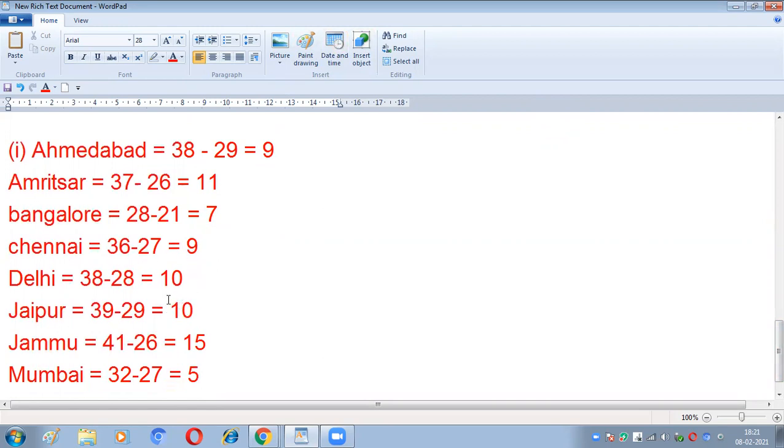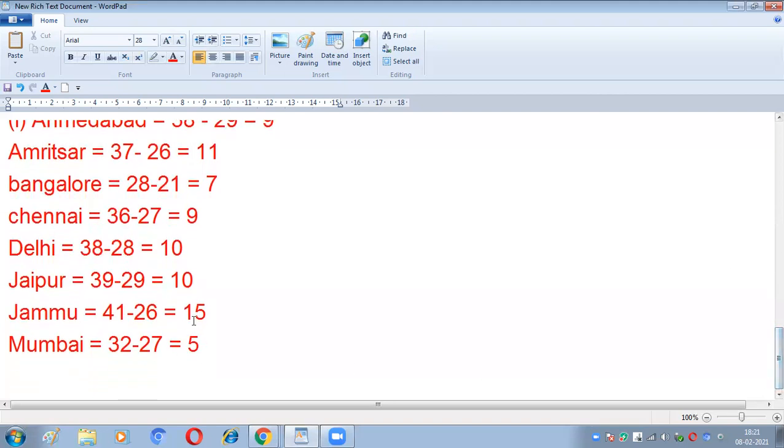We can say that 15 is the largest number, and 5 is not. Hence, the city is Jammu.